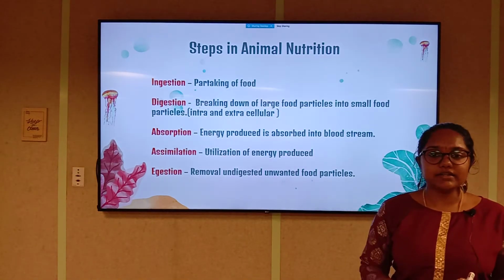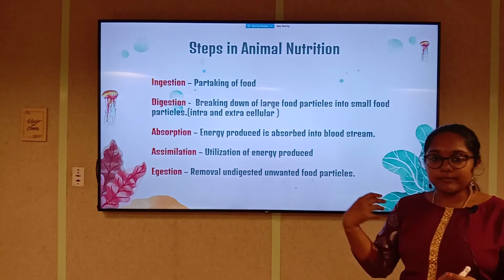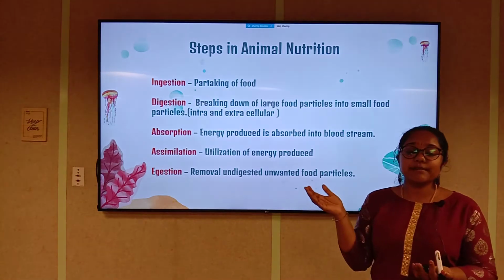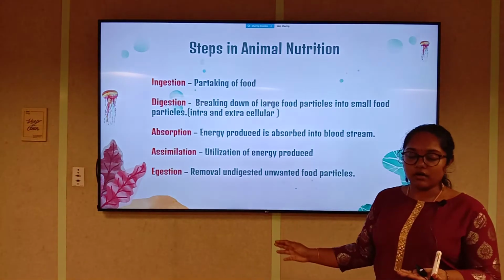So the nutrition which is produced from the food substances has to be absorbed into the bloodstream if it has to reach the whole organism.